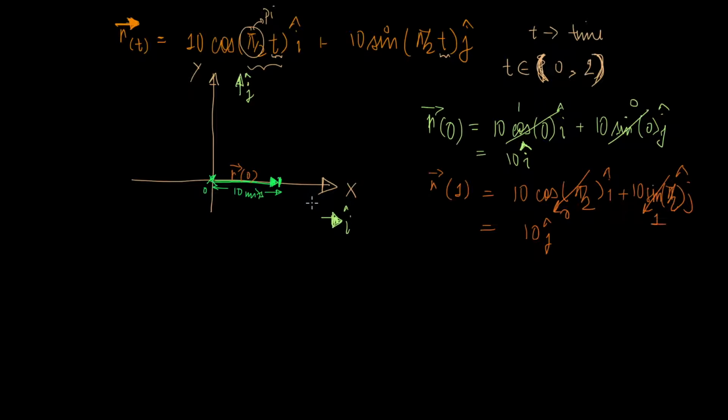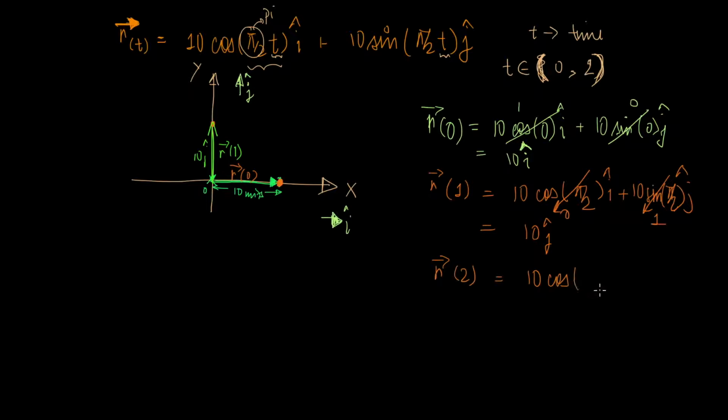So now, after 1 second, the particle which was initially here suddenly comes down to this point, which is located, once again, 10 units from the origin, but now in the y direction. So this is 10 j cap, or this is r of 1 second.